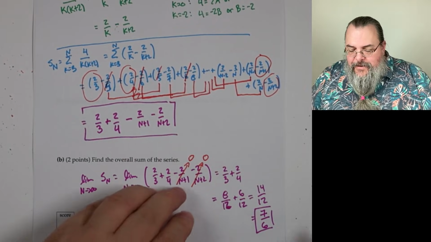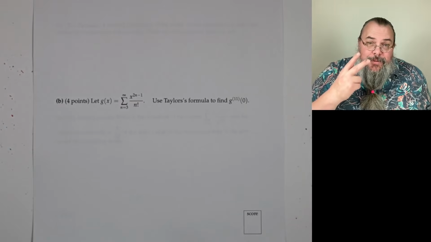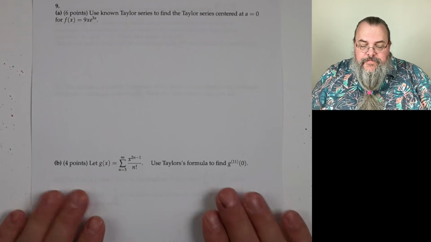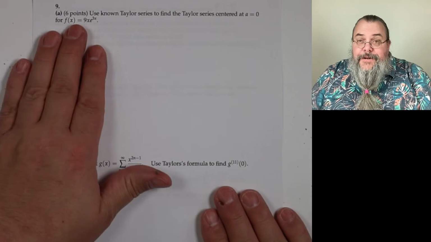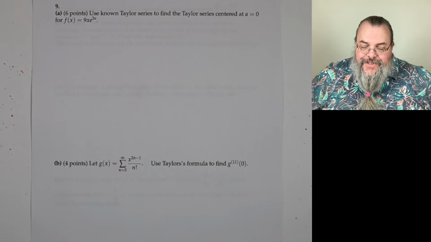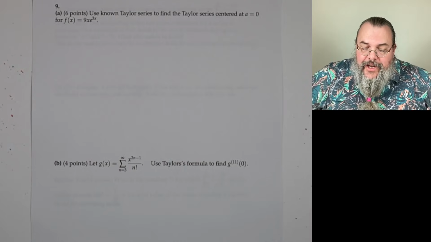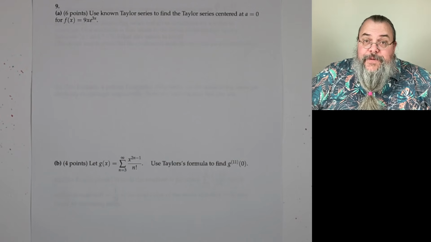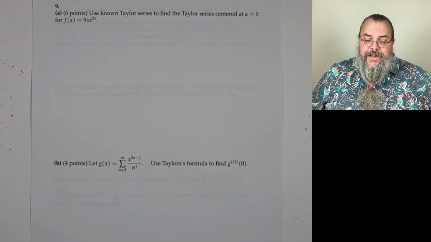All right. Well, good. We're doing all right on time, but we still have 2 problems left. So let's focus. 9, part A. Use known Taylor series to find the Taylor series centered at a equals 0 for f of x equals 9x e to the 3x.